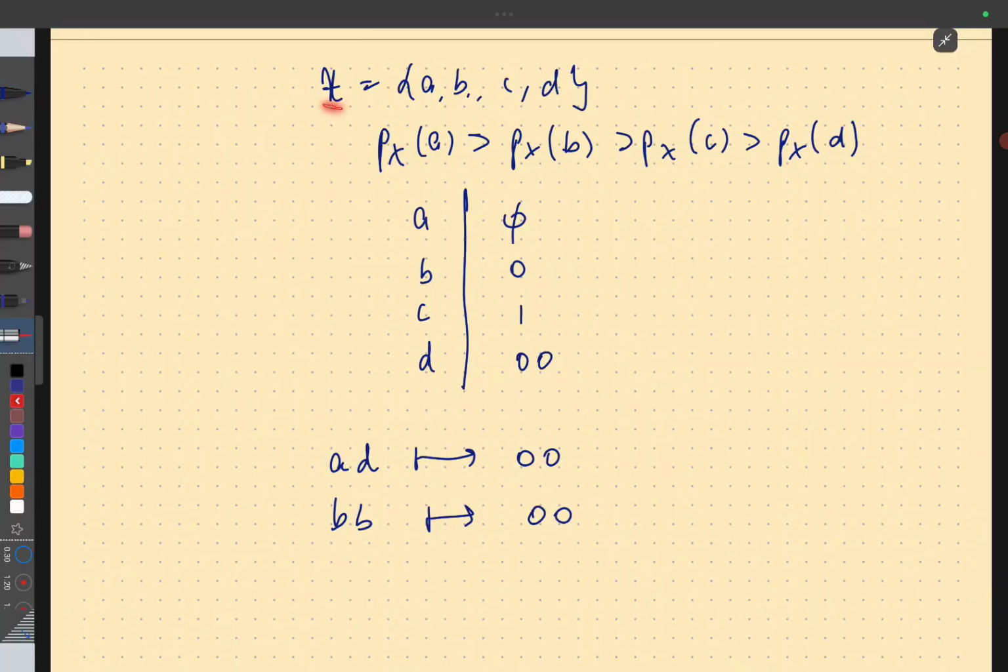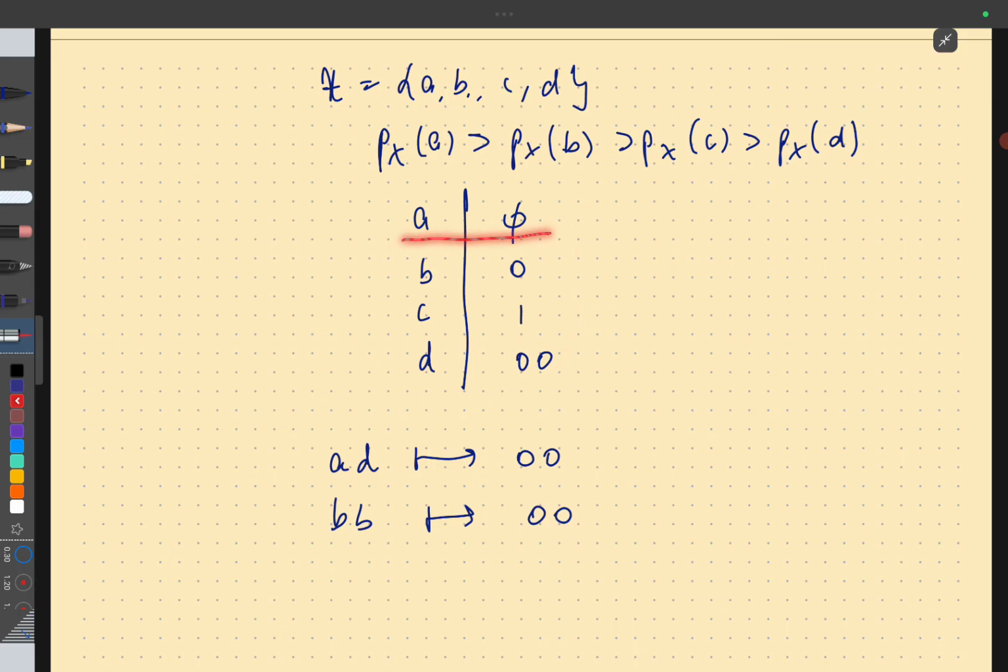So I started off with a toy example where I have 4 symbols in the alphabet, and I assume that the probability of A is greater than the probability of B, greater than the probability of C, greater than the probability of D. All right. So what would be the optimal source code? The optimal source code is you sort the symbols in decreasing order of probability and assign code words of increasing length.